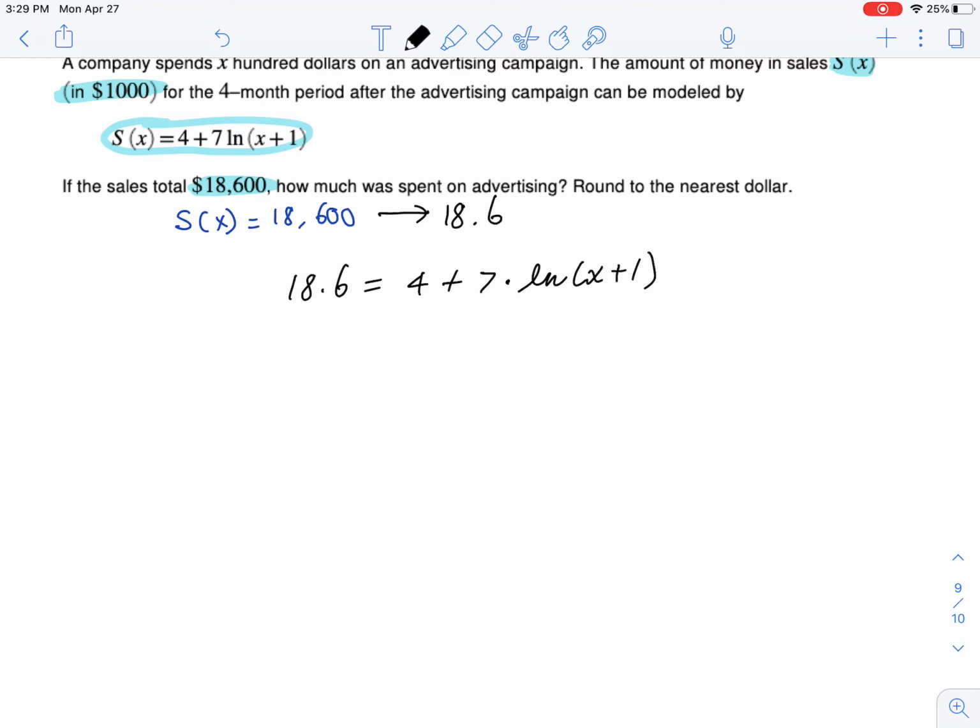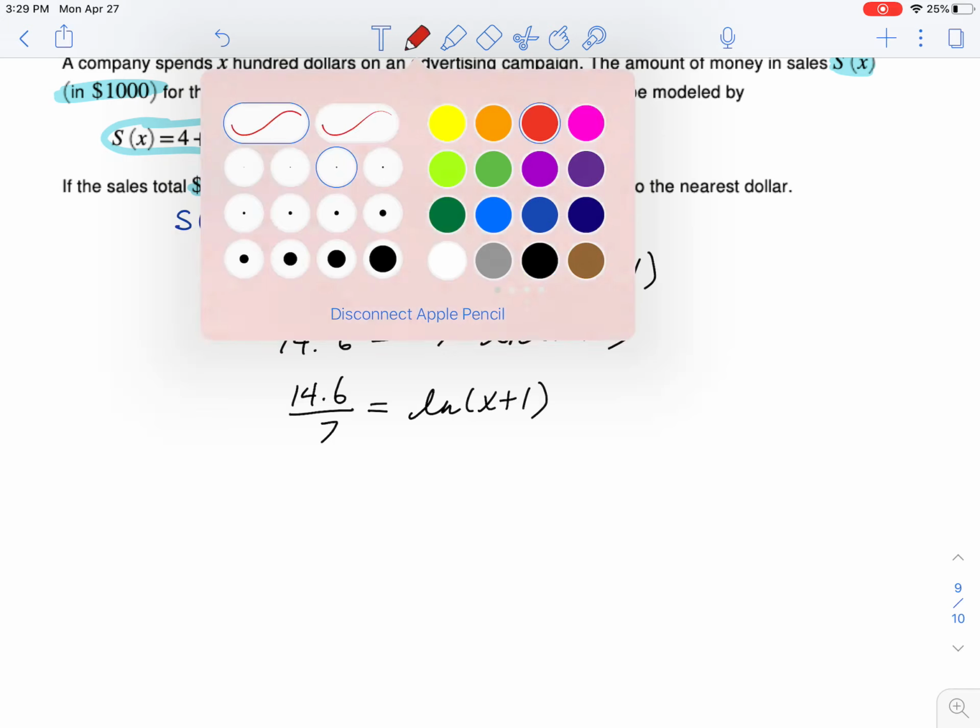Subtract 4 from both sides. 18.6 minus 4 equals 14.6. And then we still have 7 times natural log of x plus 1. Divide 14.6 by 7. It doesn't really come out too nice, so I'll just say 14.6 divided by 7 equals natural log of x plus 1.